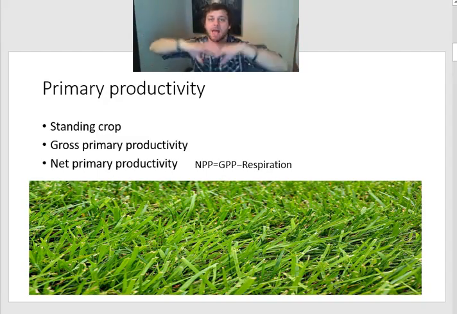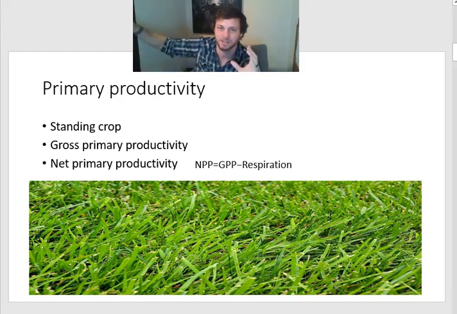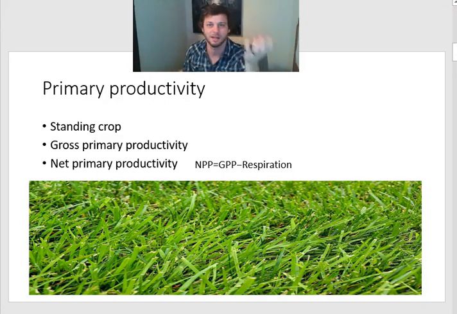The net is how much of that transformed energy is lost based on just everyday needs of that animal or that plant via respiration. So how much is able to be used by the next trophic level? How much is being lost via respiration from that entire gross, and the net is what's left over. Okay?